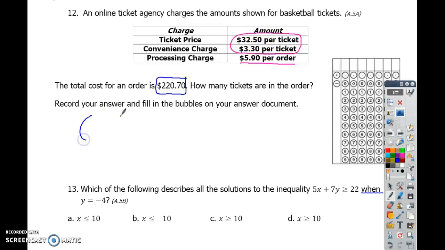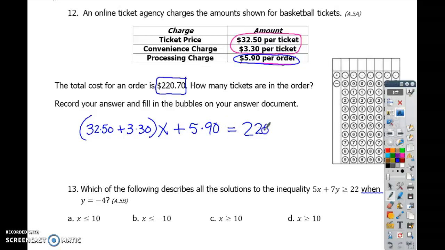So each ticket you pay $32.50 plus $3.30 per ticket. So you add those two up, and that's going to be how much it costs per ticket. Plus a one-time fee of $5.90. And that's going to equal $220.70.